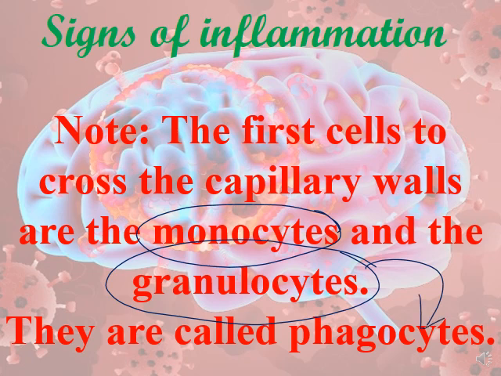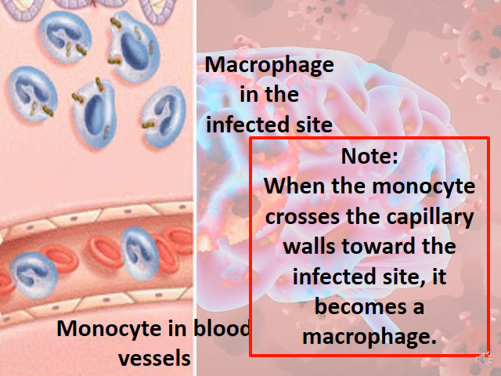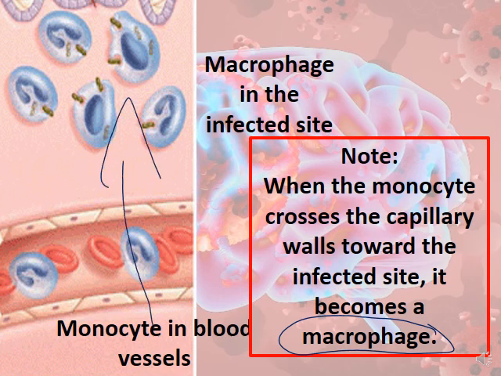When the monocyte crosses the capillary wall and moves toward the site of infection, it becomes a macrophage and has a role in phagocytosis.